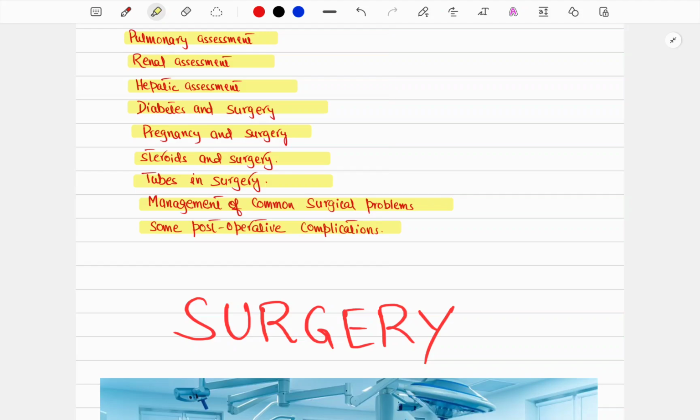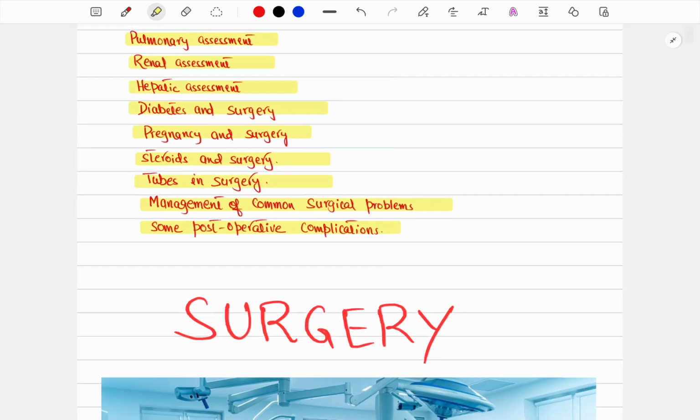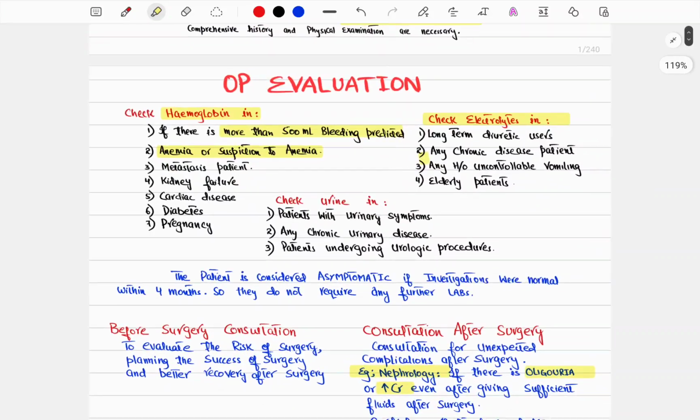Some post-operative complications also, like atelectasis and fever after the surgery.